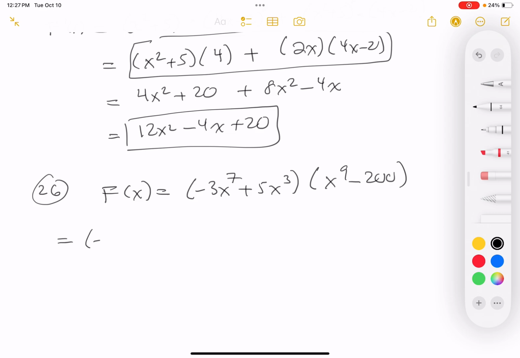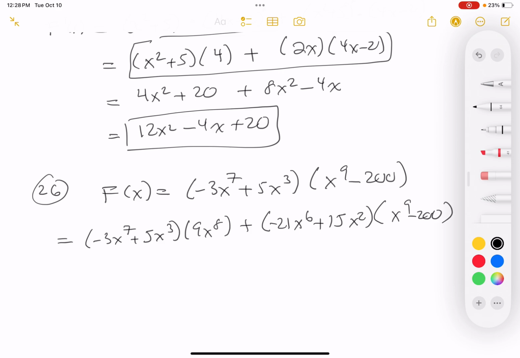The first function times the second function plus the derivative of the first function times the second function. Again, for a lot of instructors, that's a fine answer.